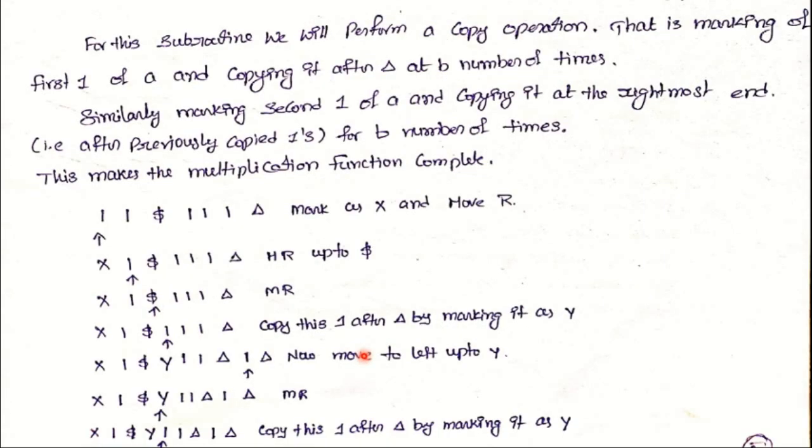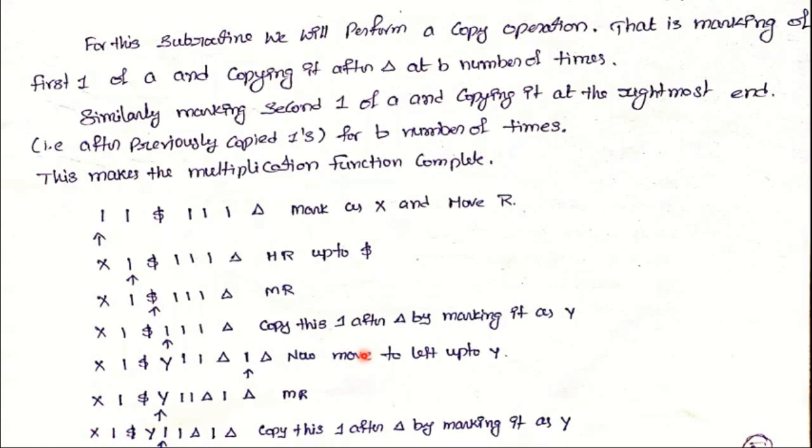Now we discuss how we will implement this multiplication subroutine. It is very simple to implement this language, with a very simple approach. Since we are performing multiplication, the simple logic is this: the a value has some number, represented in unary.